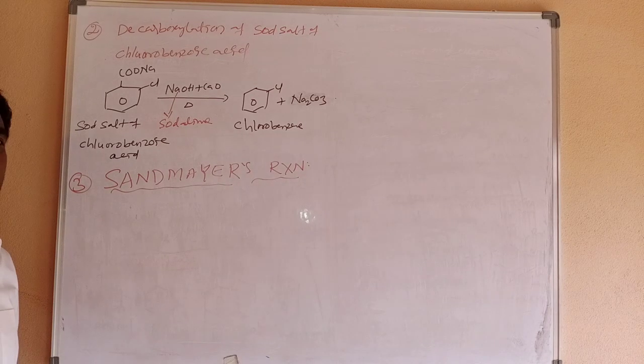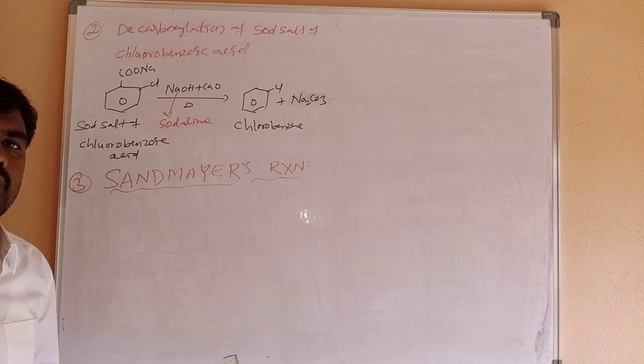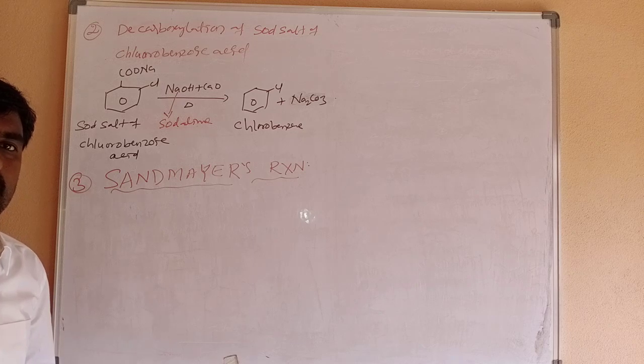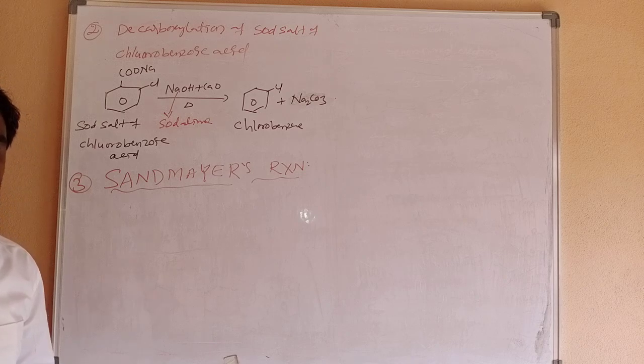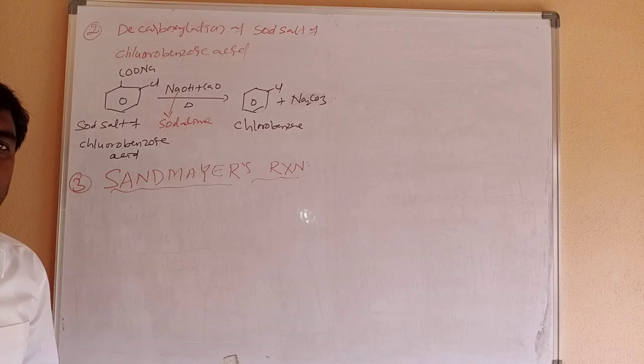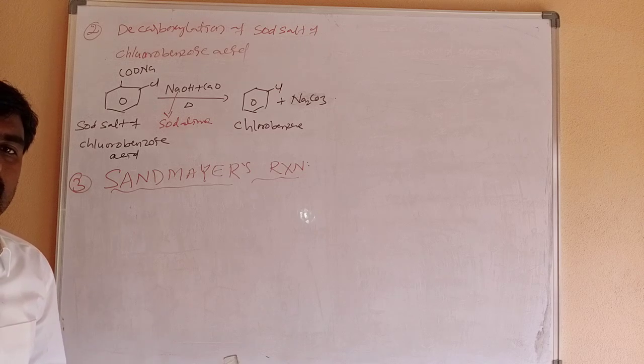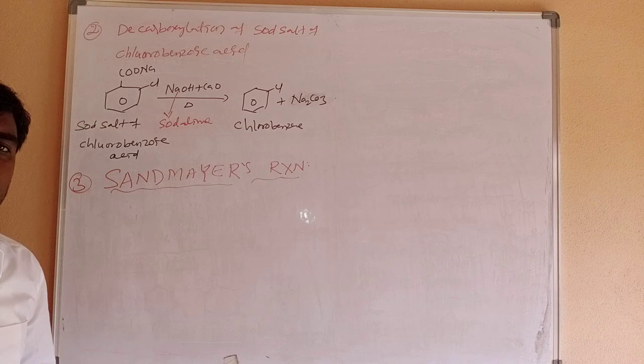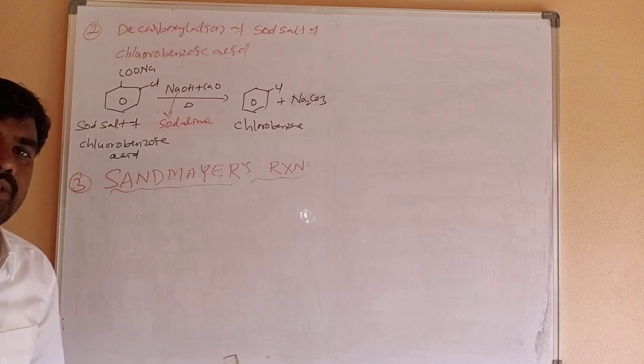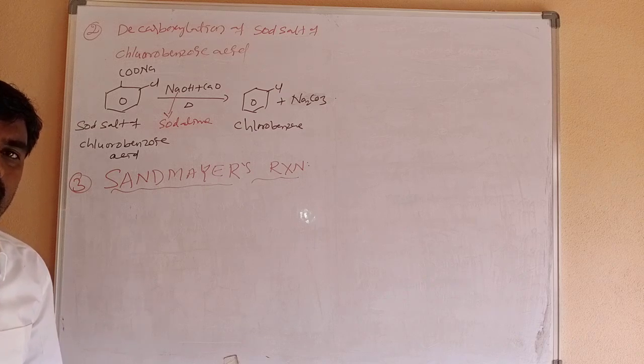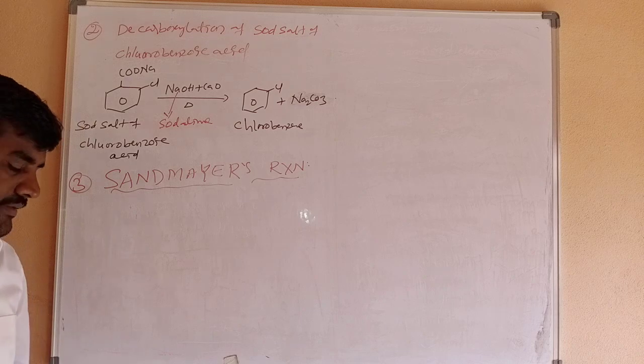Benzene diazonium chloride reacts with cuprous chloride in the respective hydrogen halide to form chlorobenzene or bromobenzene. This is called the Sandmeyer reaction.